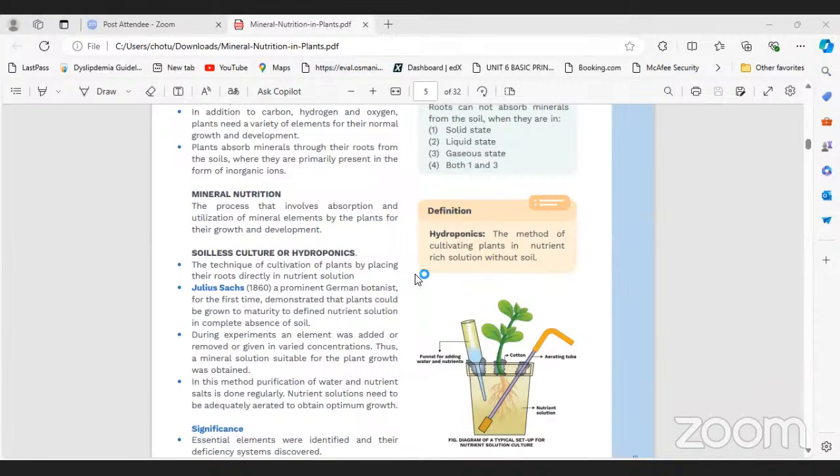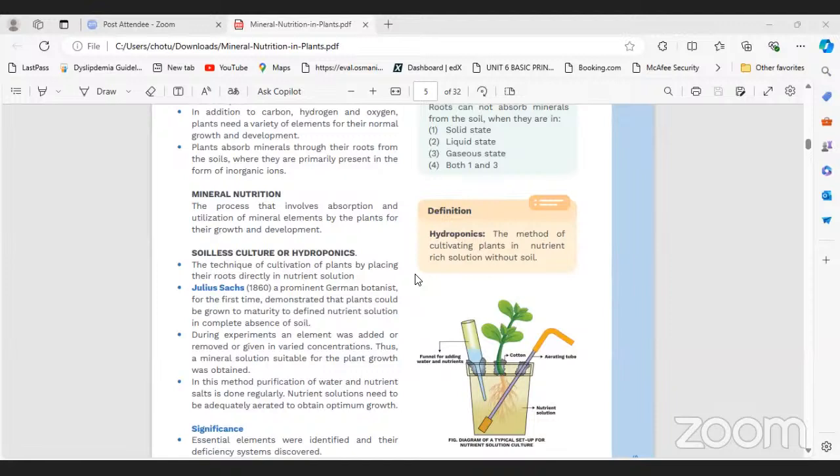The cell sap contains mineral salts and organic compounds. What is the osmotic pressure influence?